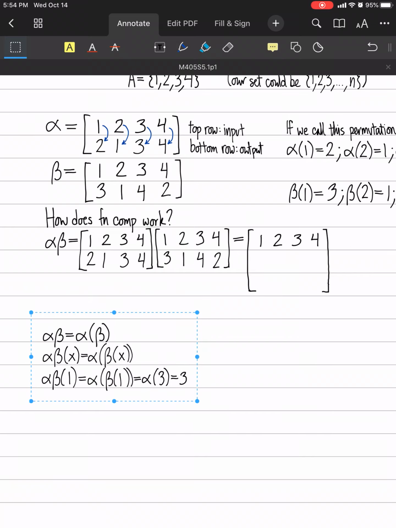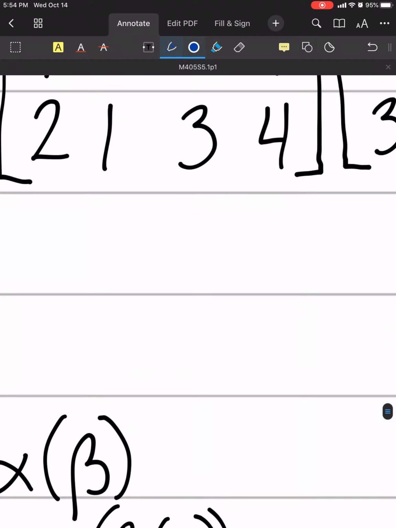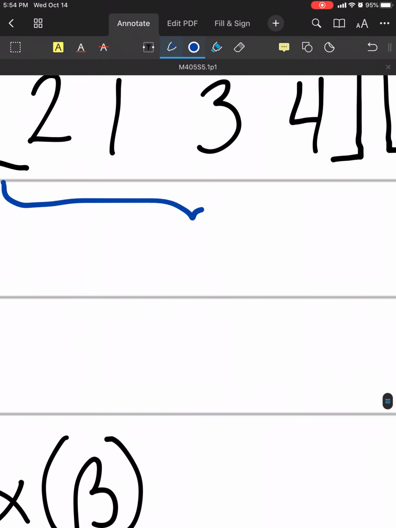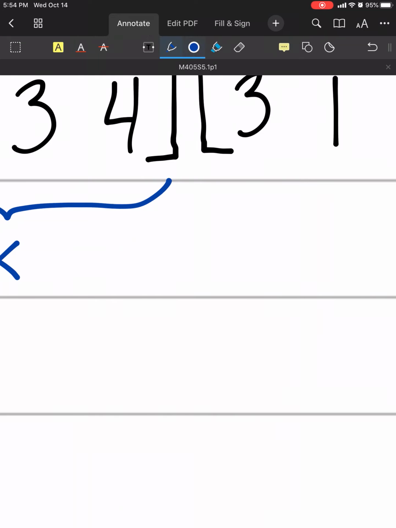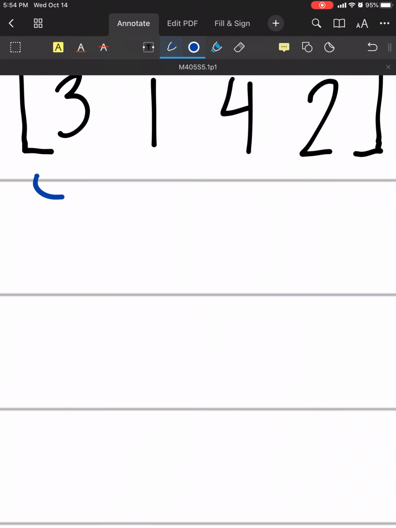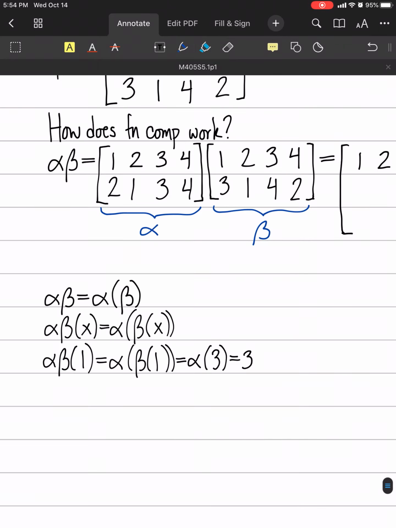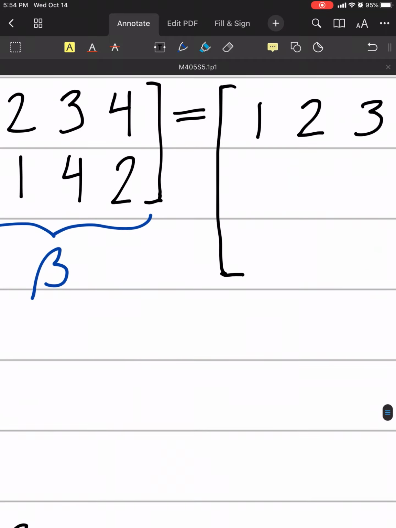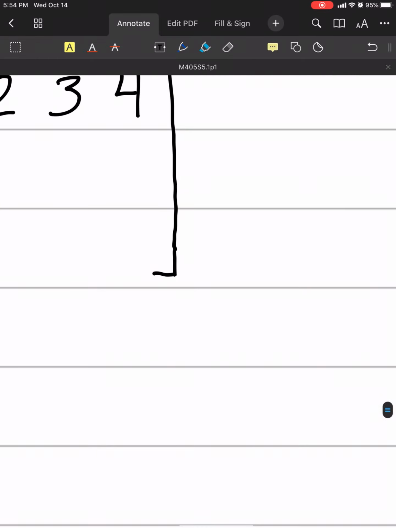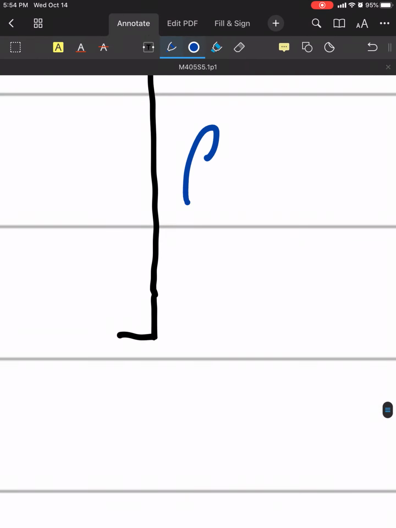So remember here, this here is alpha, and this here is beta. And unlike what we're used to in writing and everything, we do write first, because that's how we do functions. So our first row should be beta, our second row should be alpha.